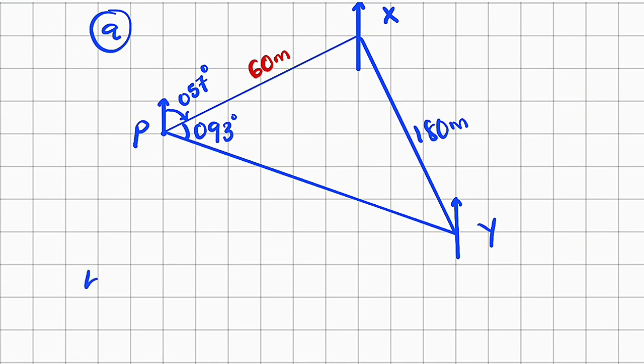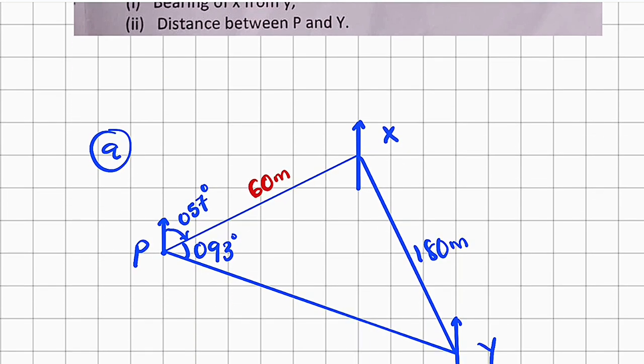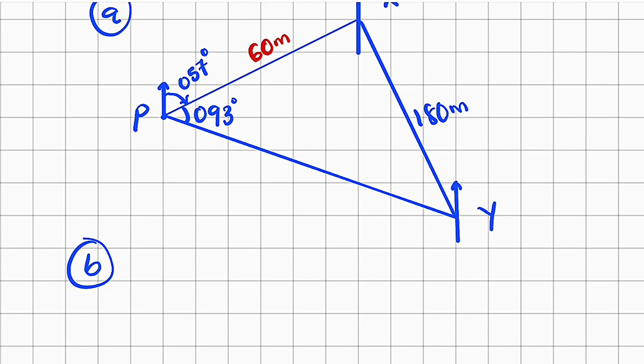So the B part, we are asked to compute the bearing of X from Y. So we would like to determine the bearing of X, but from Y. If you want to calculate the bearing, always start clockwise from the north. So this is the north of Y. You go round till you come back to that line heading to X. We know that on a straight line we have 180 degrees.